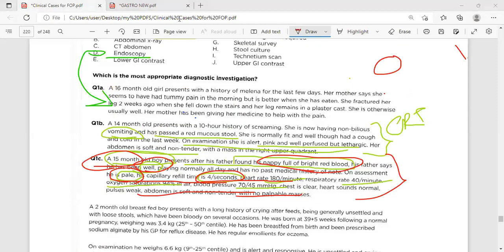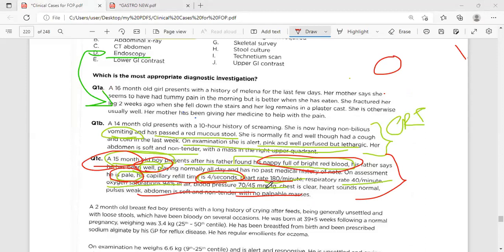In this case, as you can see, they did not mention that this is a case of Meckel's diverticulum. Tell me, why not hemorrhoids here? How do we know it's not hemorrhoids? Yes, one important thing: something coming out from the anus must be there.